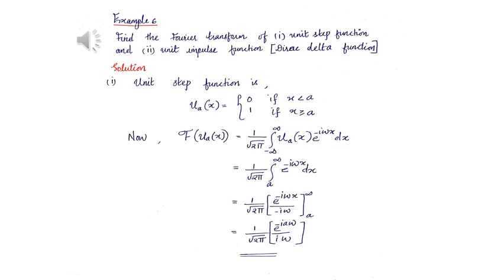Then the Fourier transform of u_a of x, because we need to find the Fourier transform of the unit step function. The formula is 1 by root 2 pi integral minus infinity to infinity u_a of x e raised to minus I omega x dx. And then 1 by root 2 pi integral a to infinity, instead of u_a of x the value is 1, so 1 into e raised to minus I omega x dx. So after integrating and applying the limit, we will get 1 by root 2 pi into e raised to minus I a omega divided by I omega.